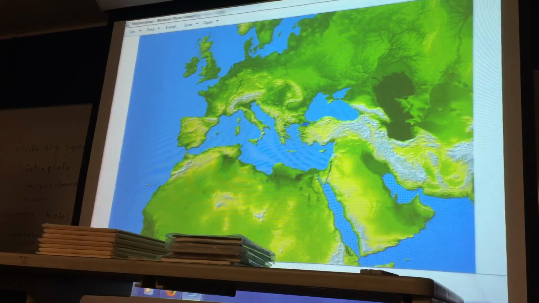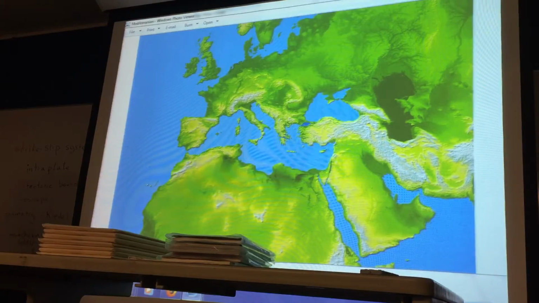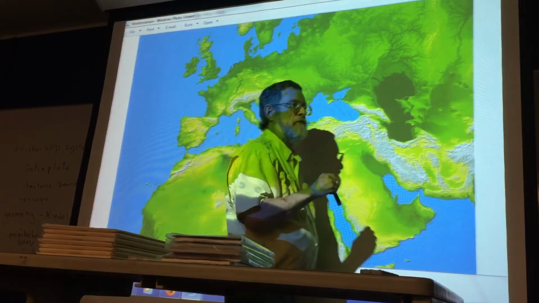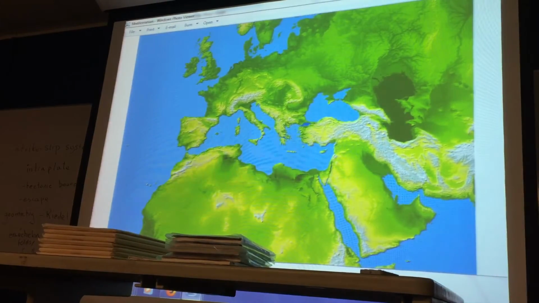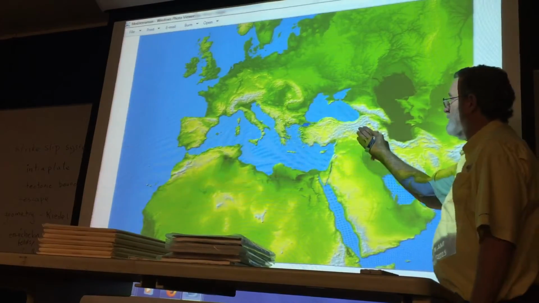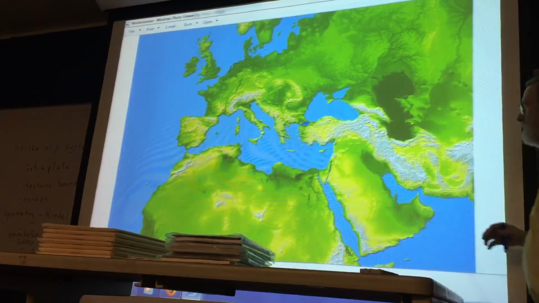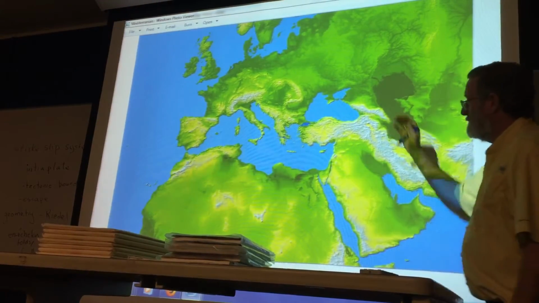And just get the visual of taking something like this, squeezing it, what happens? It extrudes. So Turkey has been extruded into the Mediterranean system due to this collision that formed the Zagros system here. So this is a convergent boundary all along here.